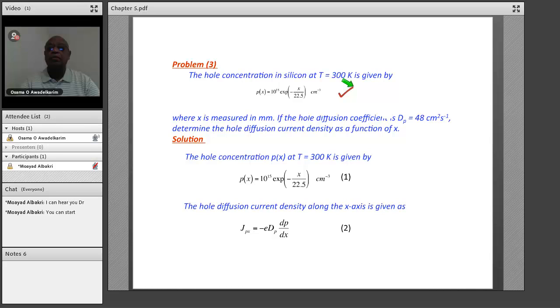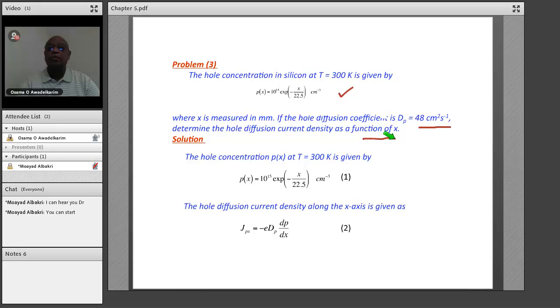If the hole diffusion coefficient is 48 centimeters squared per second, determine the hole diffusion current as a function of x. So what's the diffusion current from holes here? We don't have any electric field applied. We just have this piece of p-type semiconductor, which has a gradient in the concentration of holes, and we want to figure out the diffusion current coming from these holes.